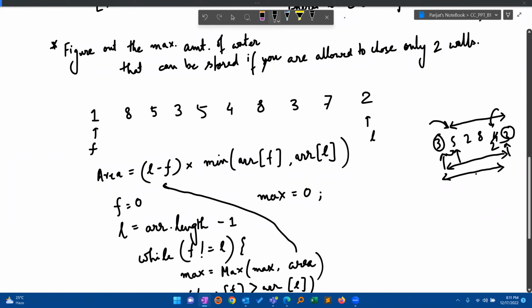So the brute force approach would have been nested loops, going from i 0 to end, j i plus 1 to end, and figuring out all possible combinations of i and j such that i is less than j. So that would have been an order n square solution. With this approach, it's now an order n linear complexity solution.